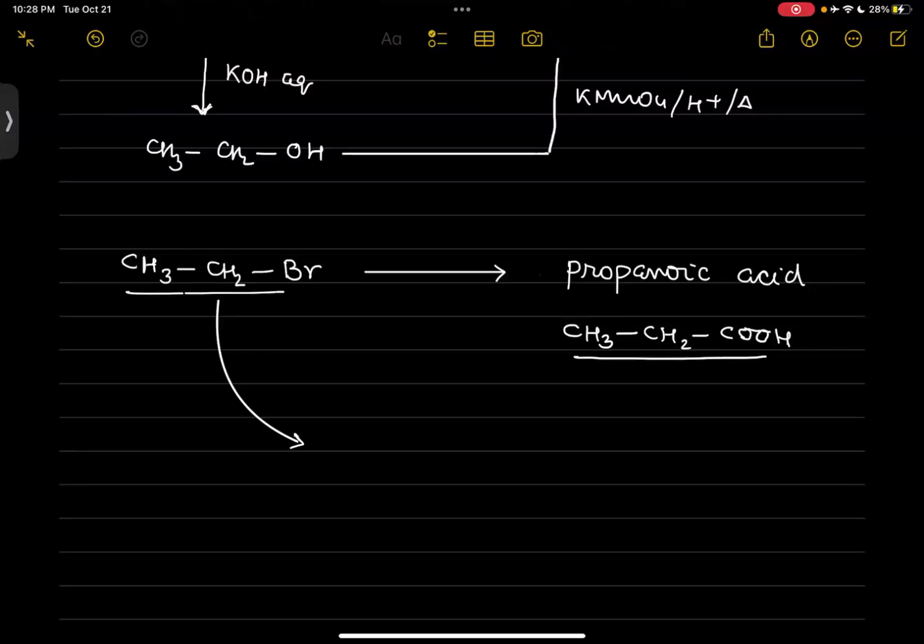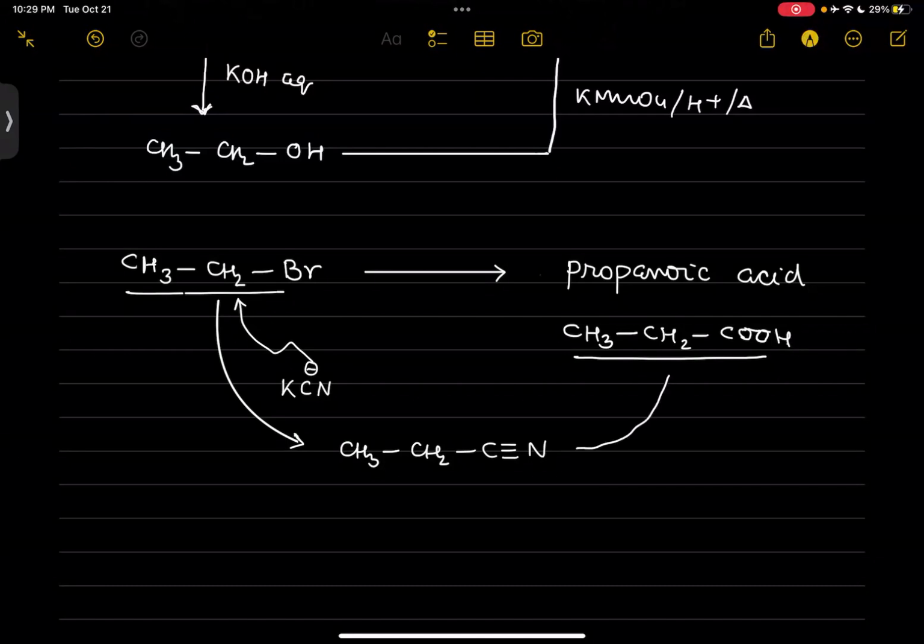So how can we increase the number of carbon atoms? You can use KCN. Yes, exactly. So KCN will cause a nucleophilic substitution reaction. CH3CH2Cl.